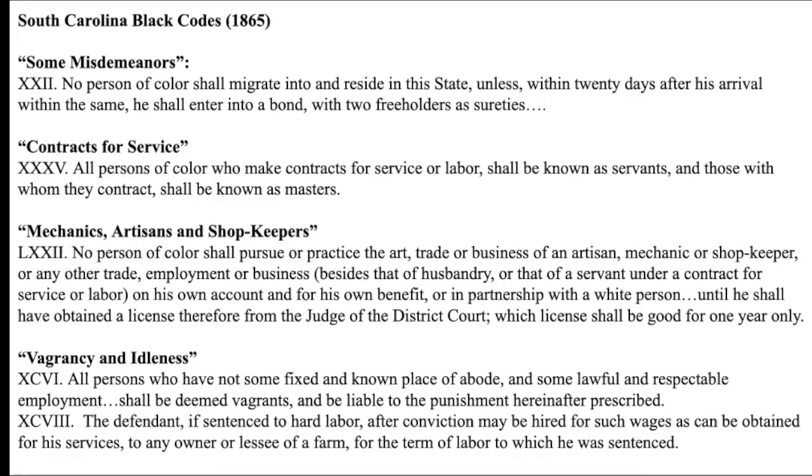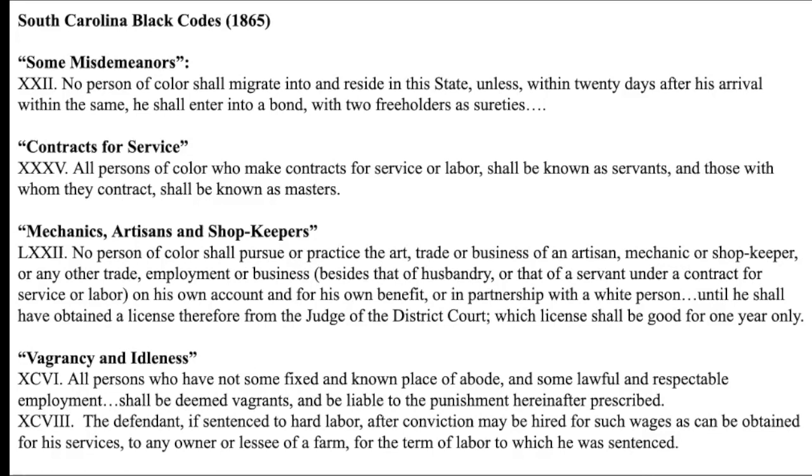In other words, you couldn't have a skilled job. You couldn't own a business. You couldn't own your own land. You could farm for someone else, or you could be a servant for someone else. And by someone, the law meant someone white.